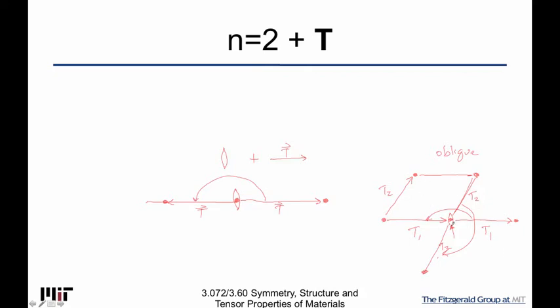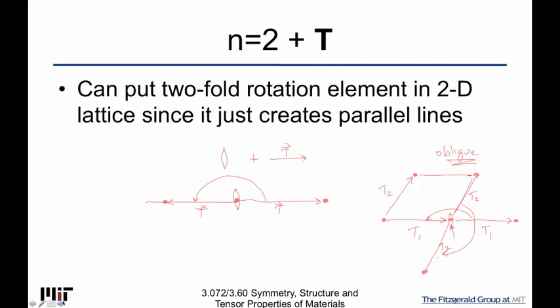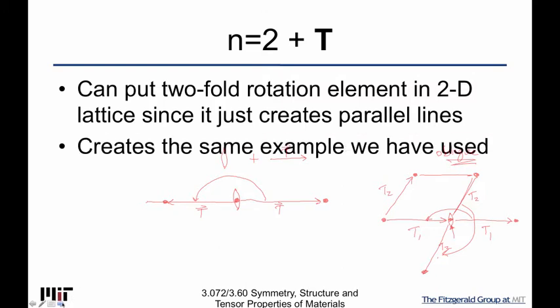Like I said, later there's going to be other elements in combination with this twofold axis that change things. But right now, yes, you can add it, but it doesn't change anything about this oblique lattice. So our conclusion here is, of course, you can put in a twofold rotation, but it just creates parallel lines, so nothing new. And it shows the same example that we've already used, the oblique lattice.